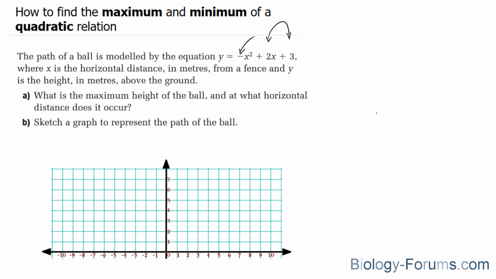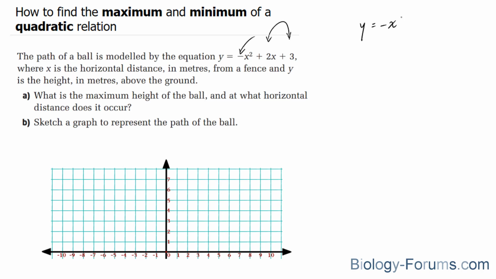The best thing to do if you have something that is in standard form is start off by finding the roots using the quadratic formula, or you can convert it into vertex form by completing the square, and then subsequently find out what the vertex is using that. I'm going to take that route. I'm going to complete the square and find out what the vertex is once I have the vertex form.